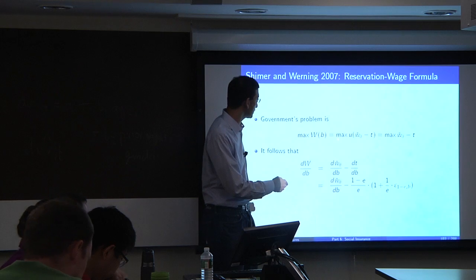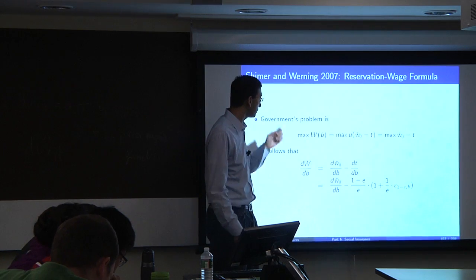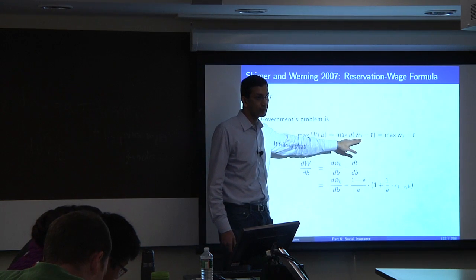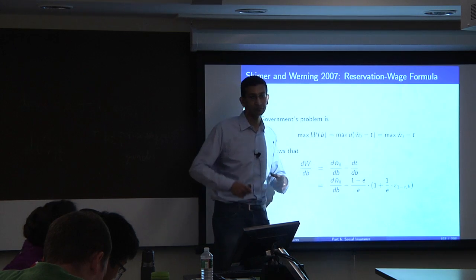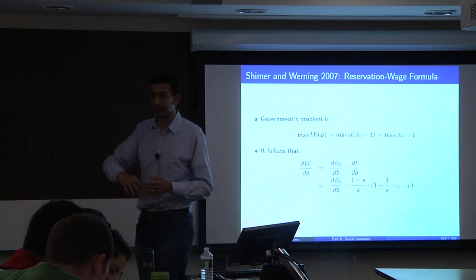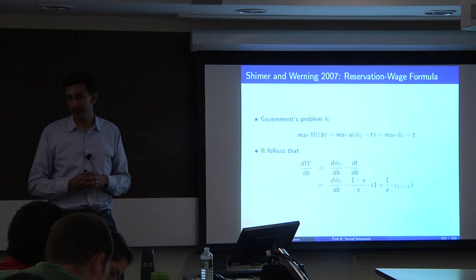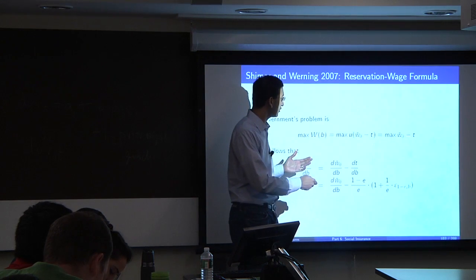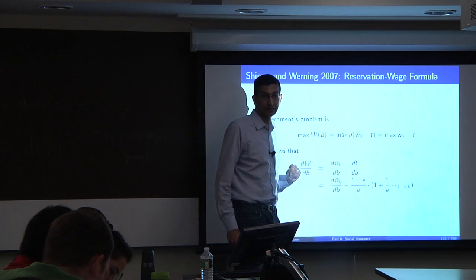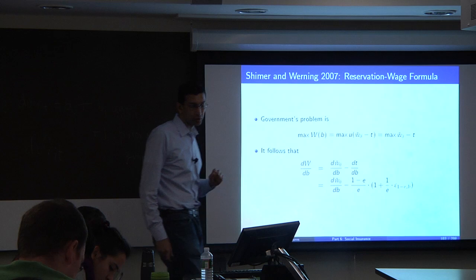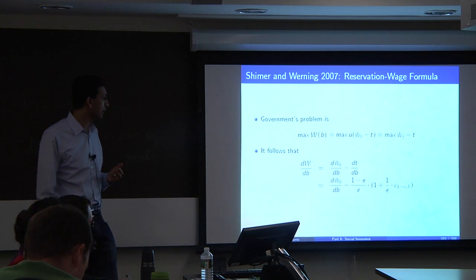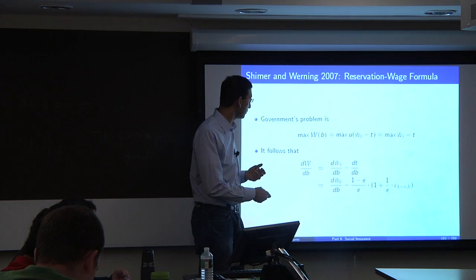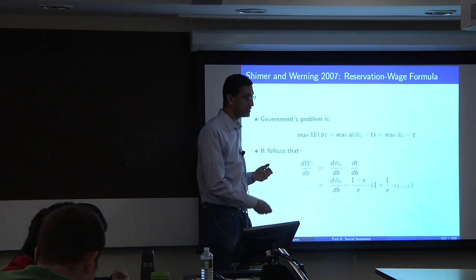So max W of B is equivalent to max of U of W naught bar minus T. This is just a monotonic transformation of W naught bar minus T. U is just monotonically increasing in consumption, right? So that problem is isomorphic to maxing W naught bar minus T. And so as a result, I can write dW/dB as dW naught bar/dB minus dT/dB.